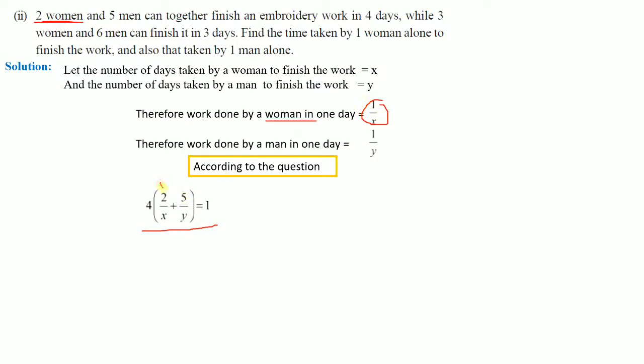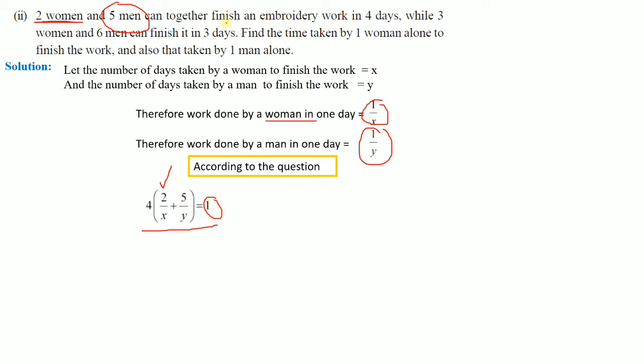Similarly, 5 men are involved. One man's one day work is 1 upon y, so for 5 men it will be 5 upon y. So this one is actually the work.